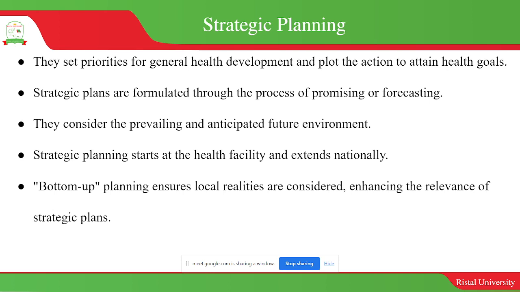Okay, so you can have strategic plans for health facilities. You can have strategic plans for national NGOs, international NGOs, the ministry at the state level, or even the county health departments. All these facilities, all these entities have what we call strategic plans.